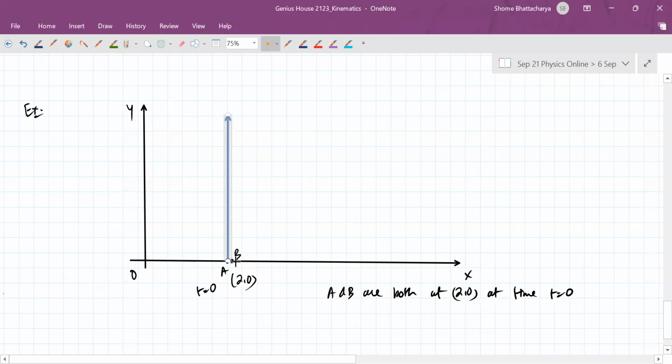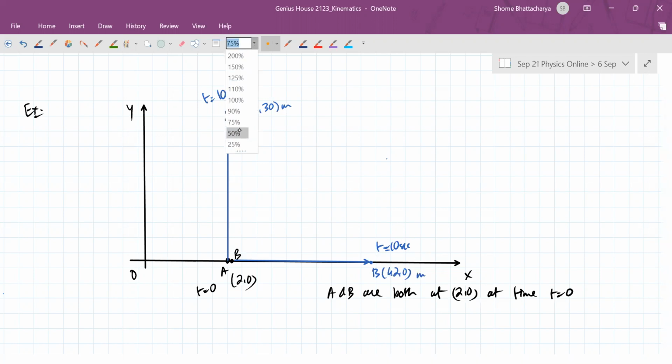And B during that same time sets off along the x-axis, so B reaches somewhere here. At t equal to 10 seconds, let us say A is at the position 2, 30, and B is at the new position 42, 0.